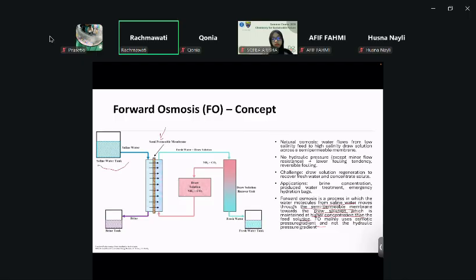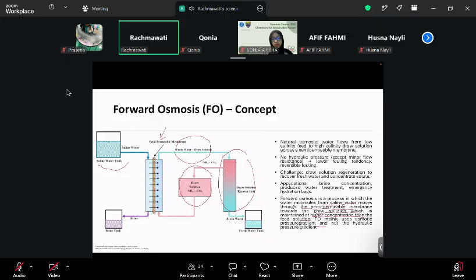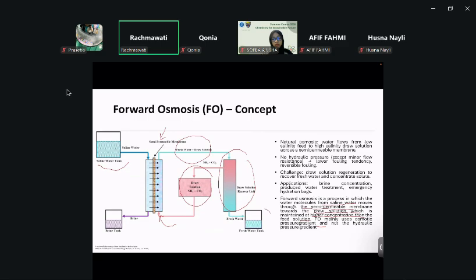Then you have a semi-permeable membrane. You have a freshwater plus draw solution, and you have the draw solution recovery unit. You also have, if in your water you have ammonia or CO2, you go back to this one because you want to make sure that only water comes, and then you have fresh water. And then from these, you can have the brine, water with a very high salinity.